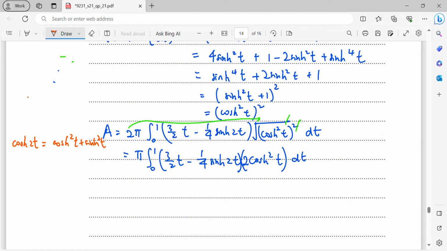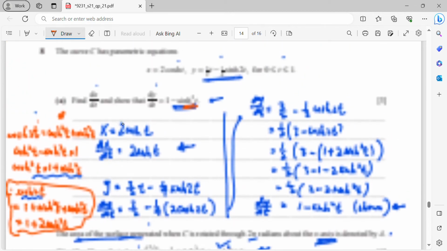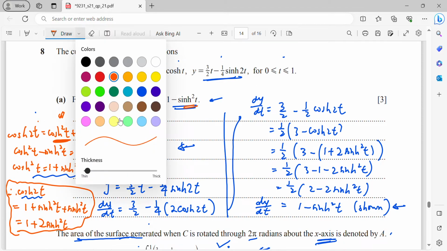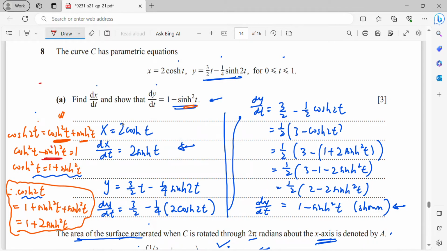So for the sine squared, I will change. Okay, look at here. Sine squared, I move to the right side to get positive. Then the 1 will be moved to the left side to get negative. So it will be cos squared t minus 1.